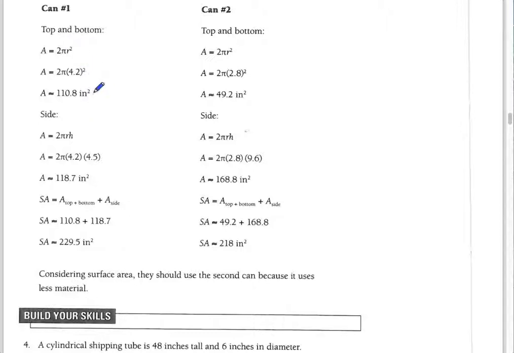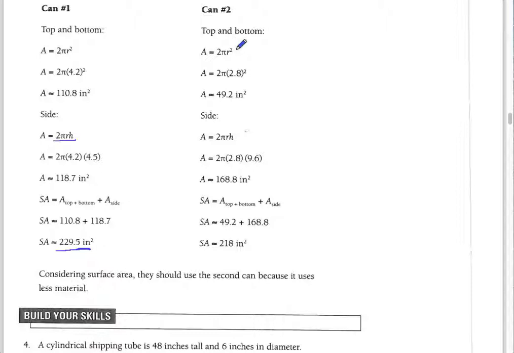So the area of the flat surfaces top and bottom is 110.8. And the side, as I said before, is 2 pi r times the height. So again, r is 4.2. The height of this can was 4.5, giving an area of 118.7. We're adding both these two areas together to give a total of 229.5.